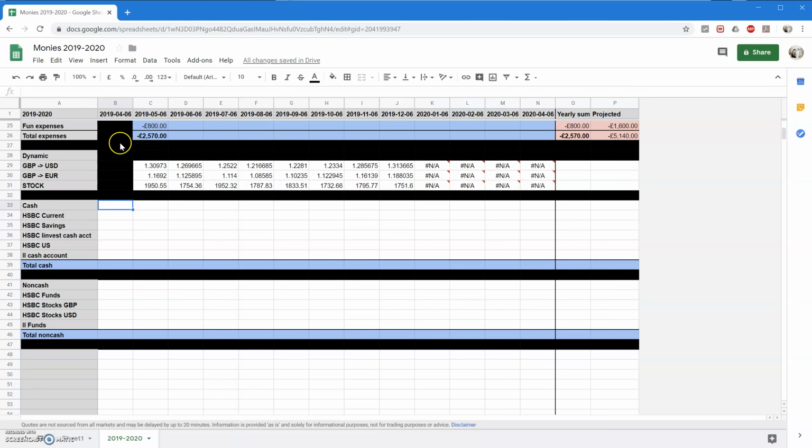So at the beginning, this is when we need our B column here. At the beginning of the year, let's say I have all pounds except for this one and this one.